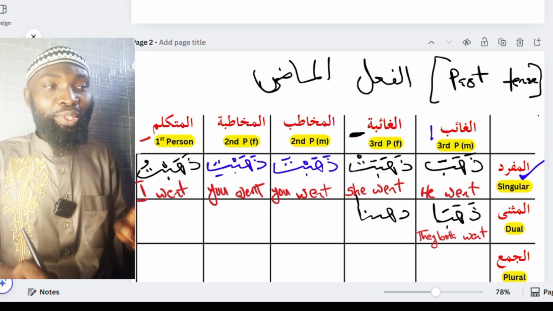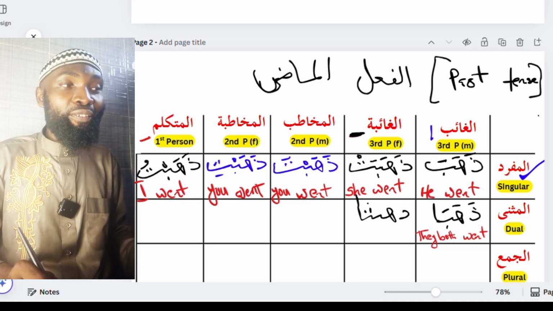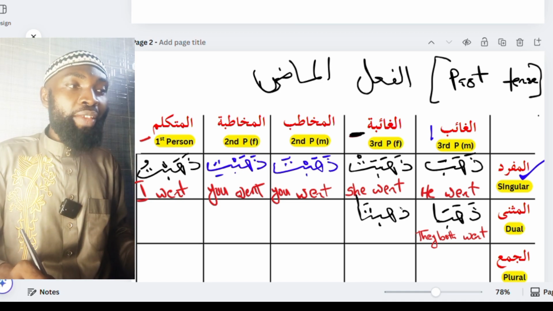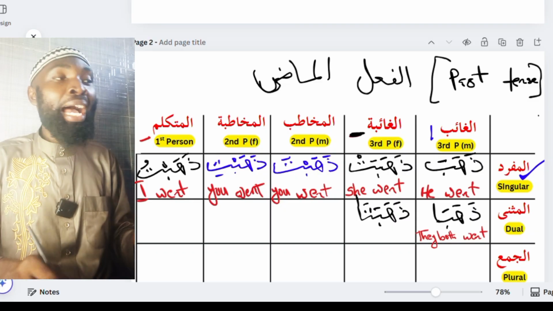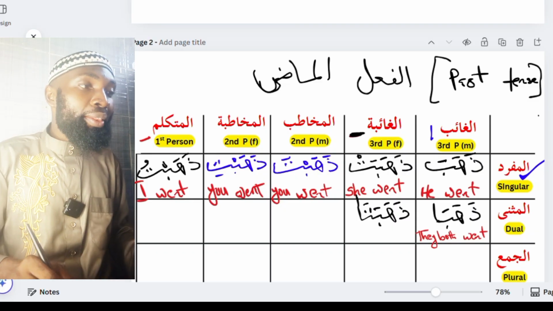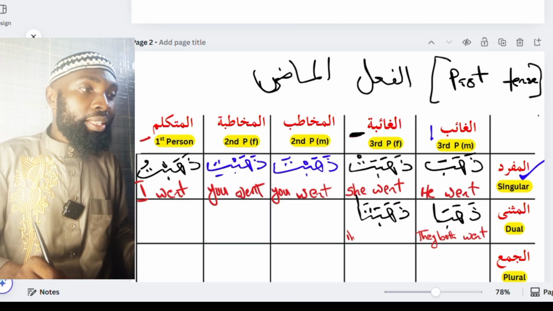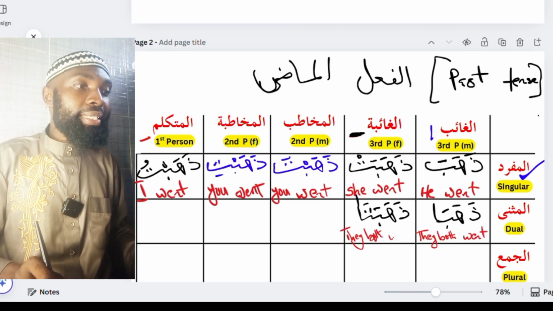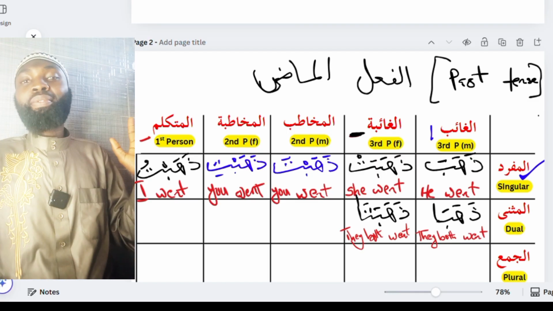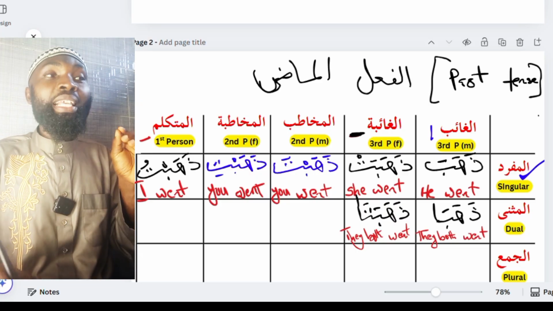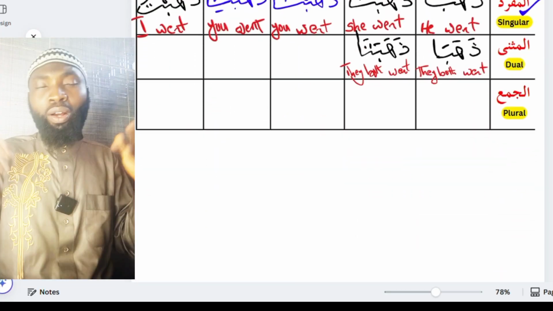So the ta is also having an additional alif to give you dhahabata, which means they both went, but this time females. So two females went, you will say dhahabata. Two of them went.